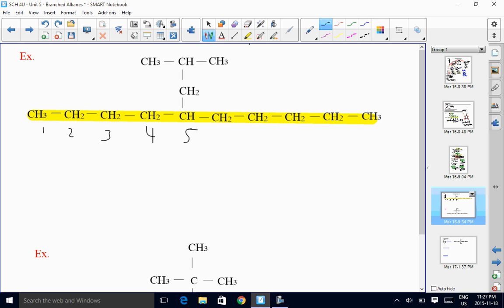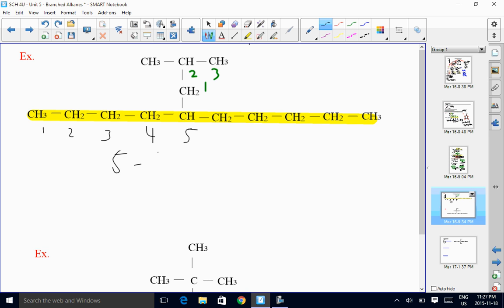You can number it from right to left or left to right. It's still on the 5. So let's name it the IUPAC way first. This would be 1, 2, 3. So you have a sub-branch sticking out on the second carbon. So we would say the number of the main branch first.